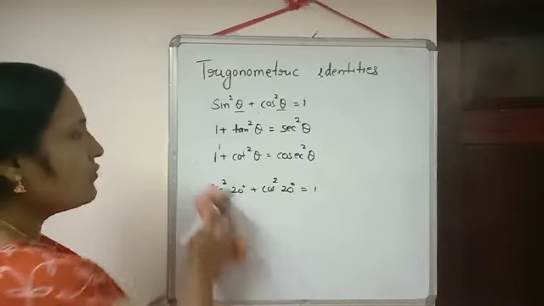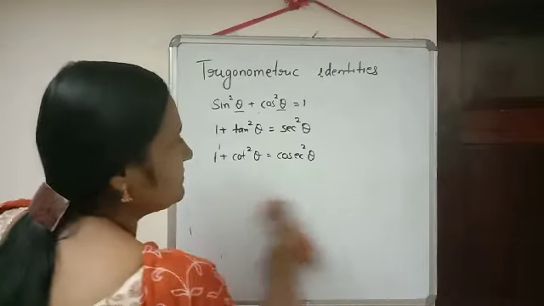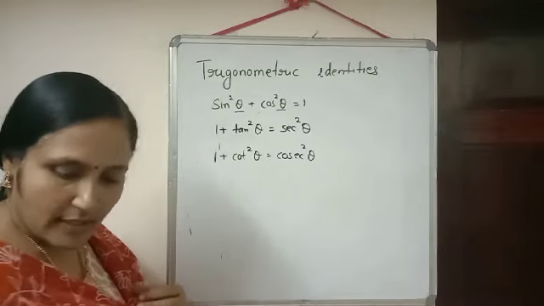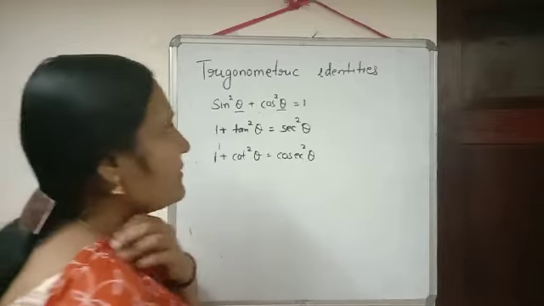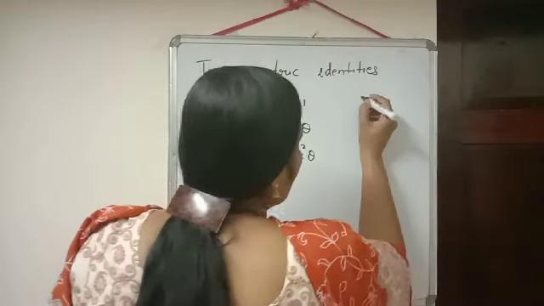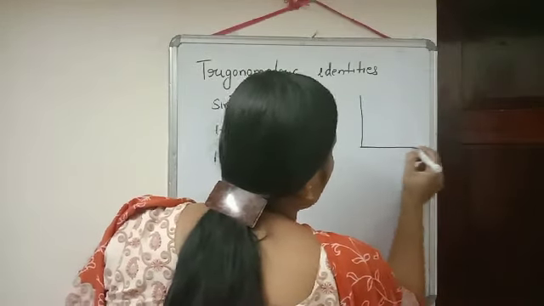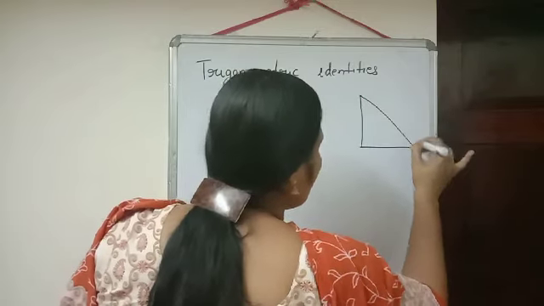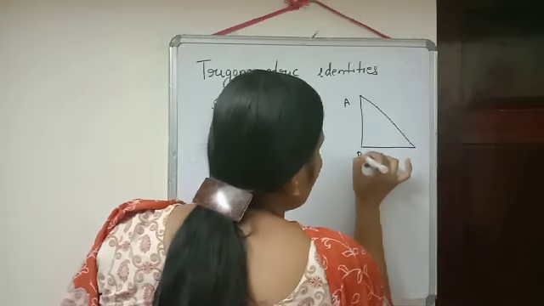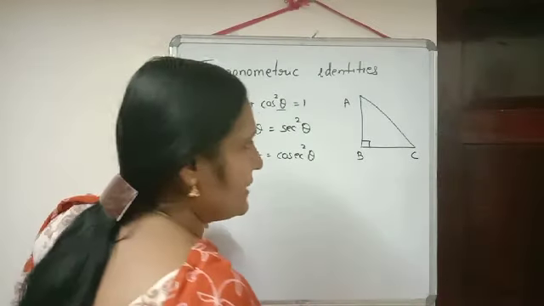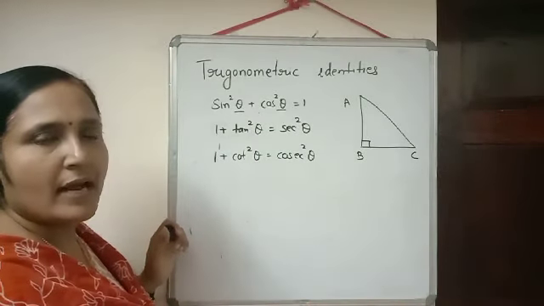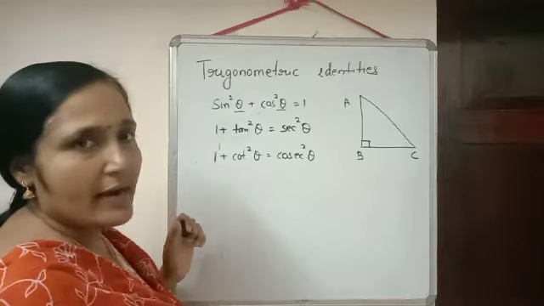Now we will check how to prove this identity. To use the concept of trigonometry, what do we need? Yes, we need a right triangle. So first we will draw a right triangle ABC in which angle B is 90 degree. So which type of triangle is this? It is a right triangle.